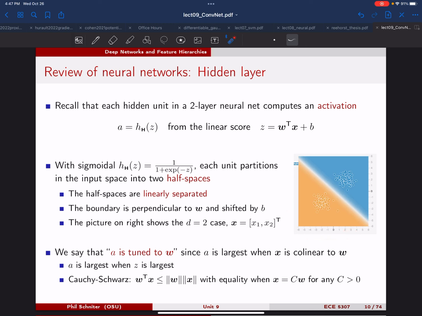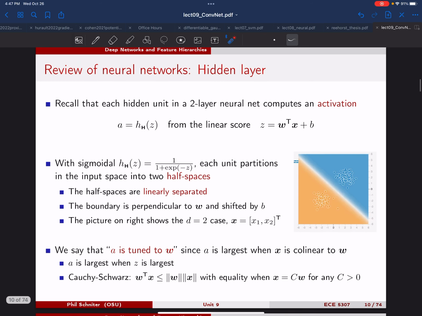We know that there's essentially a decision boundary associated with this, which is basically a linear classifier. That decision boundary is perpendicular to the weight vector W here. And what B does is shift that boundary, so that affects the intercepts. So that's the role of W and B.